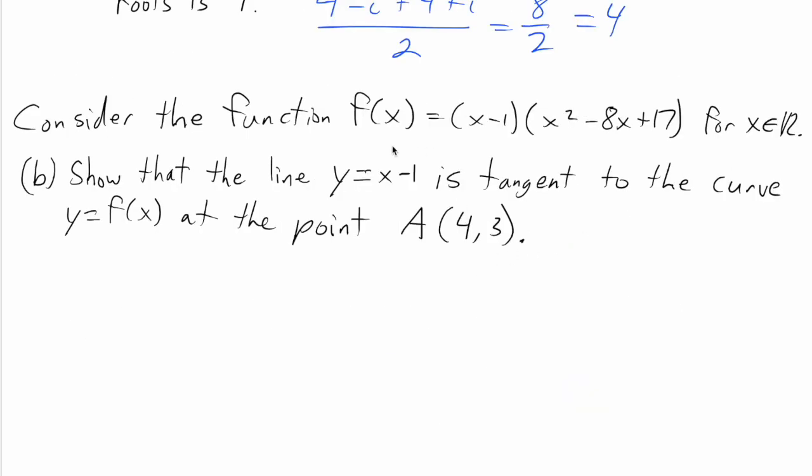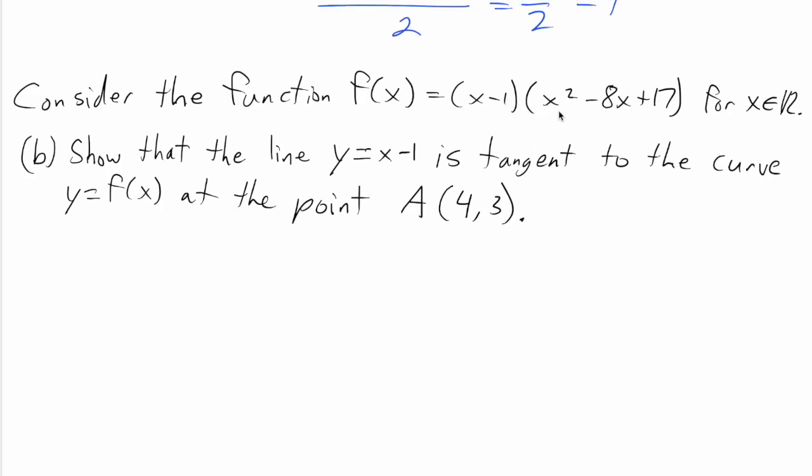Okay, this next question, we're considering this function. Show that the line y equals x minus 1 is tangent to the curve at this point. So we can basically get the tangent line here at this point, and it should be this. To get the tangent line, we need the derivative, which gives us the slope of the tangent. We can expand it and then find the derivative, or we can use product rule, which is what I'm going to do.